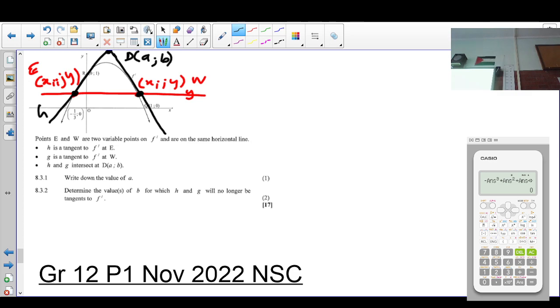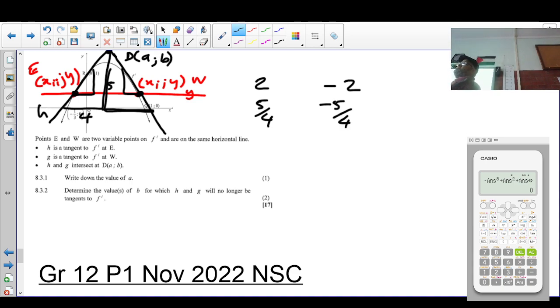Which means to say if this rise and run is 2, then this rise and run will be negative 2. Can you see it's the same gradient? If this rise and run here was 5 over 4, then this rise and run would be negative 5 over 4. Can you see that, people?